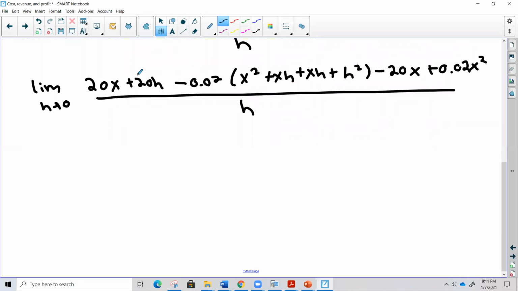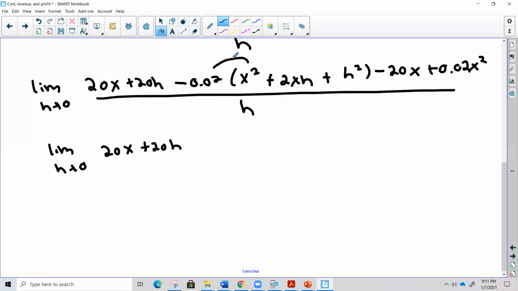Okay, now that I simplified that, these combine, so x squared plus xh plus xh gives me 2xh. So I'm actually just going to put it here to save a little bit of room so that I don't have to rewrite this whole thing. Okay, so I combined my like terms there. So now I can simplify a little bit more by distributing this negative 0.02 to everything in the parentheses.